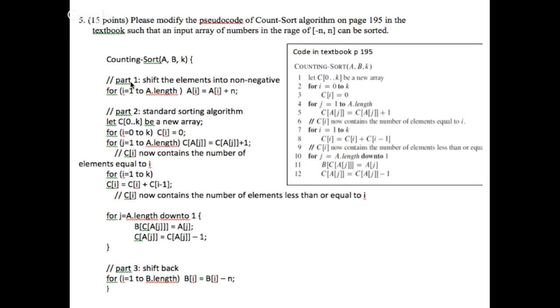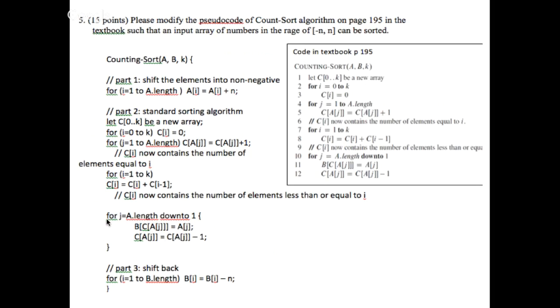So in part 1 here, I shift the elements into non-negative. So the code I use is for i equals 1 to the last element of array A, A[i] equals A[i] plus n.